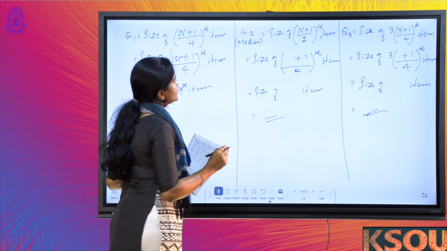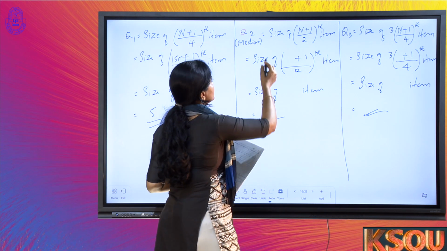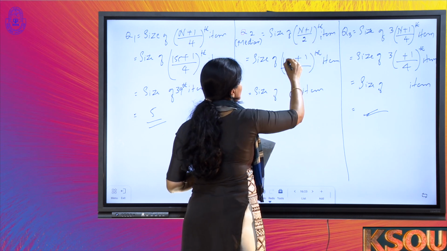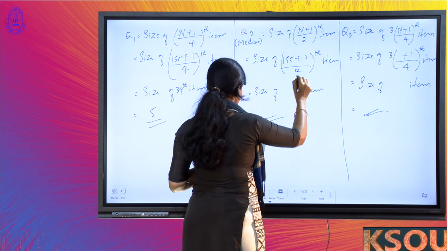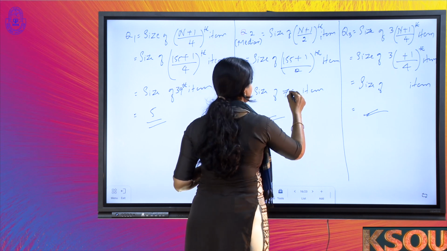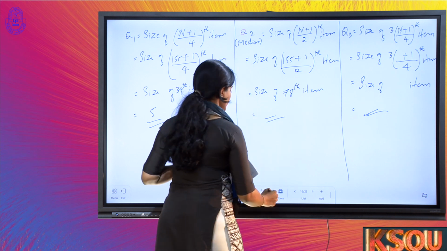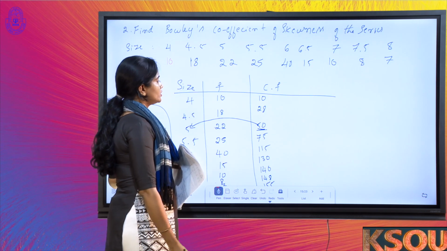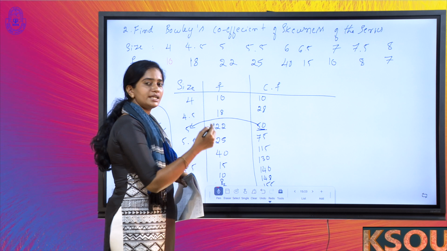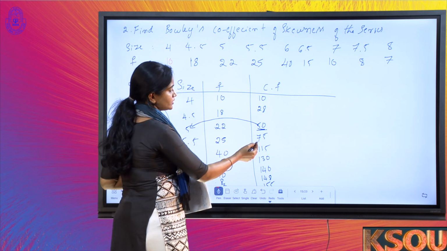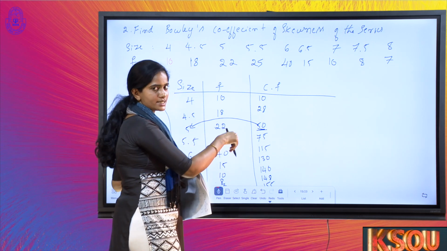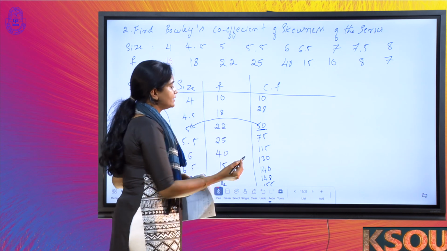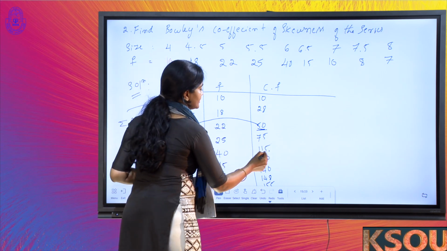Then similarly here you will have to take Q2, size of capital N plus 1 by 2th item, take 155 plus 1 by 2, that is 78th item. So, again you will have to take the cumulative frequency here. Which will be the just greater than 78, we can't take 75 because it is less than 78, we will have to take just greater than 78, that is 115 here you can see.